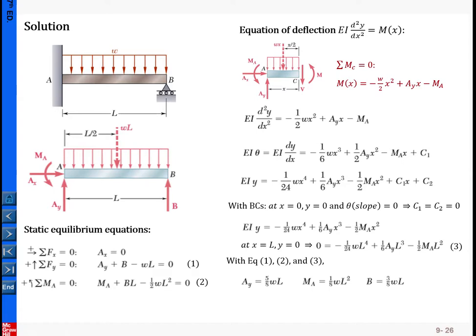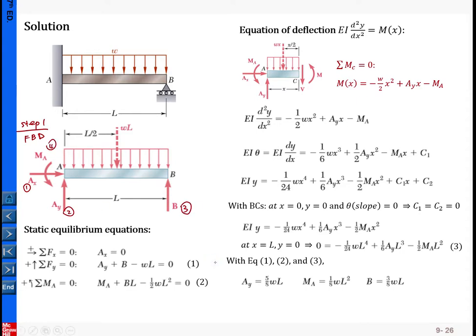So we continue to look at this example in specific detail here. Step 1 in solving this problem is to get a free body diagram and to analyze all the reaction forces. Here we have 1, 2, 3, and 4.